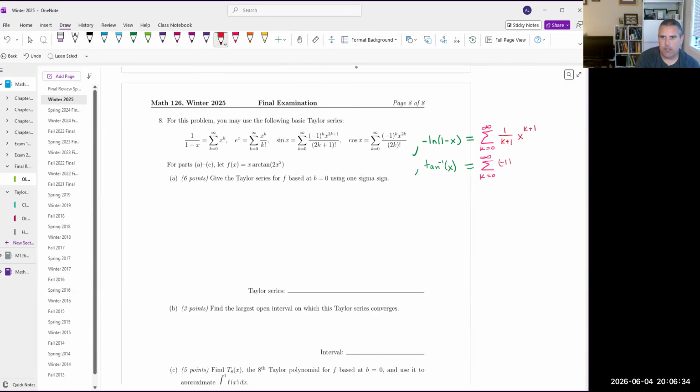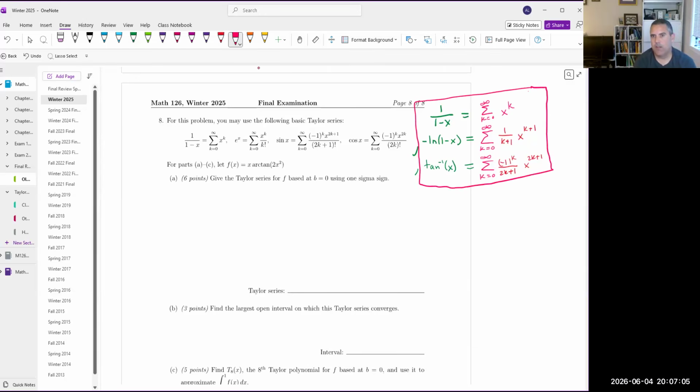This is negative 1 to the k. We derived both of these in class. And honestly, all three of these I clumped together. So I'm going to put it over here too. Well, these are the three versions that I put on my little review sheet.